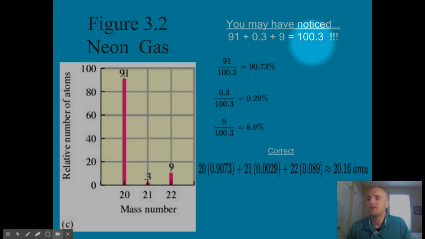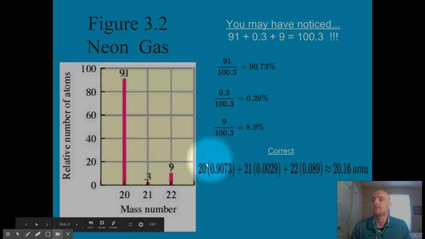So now when I do the correct values, I will take these percentages and multiply them by my mass numbers. Here's the percentage, here's the mass number, and that's my first term, and then the percentage and mass number of my second term, percentage and mass number of my third term.